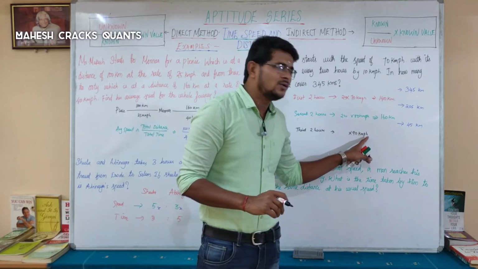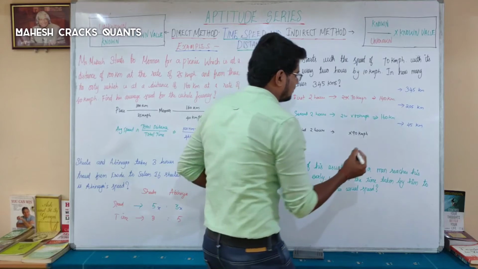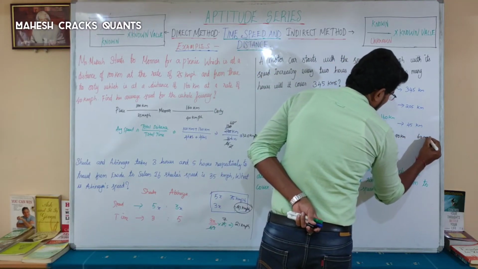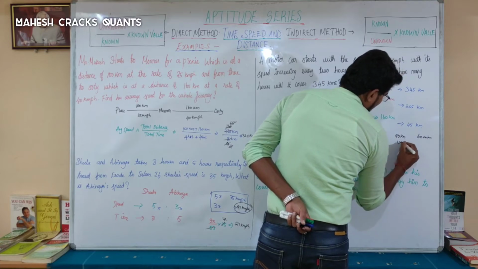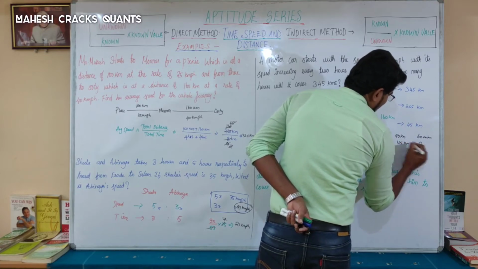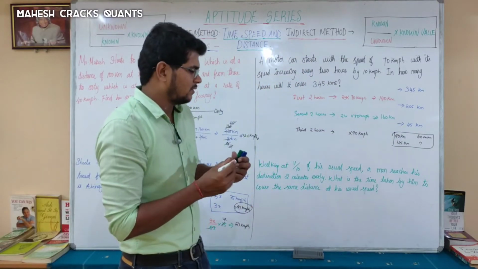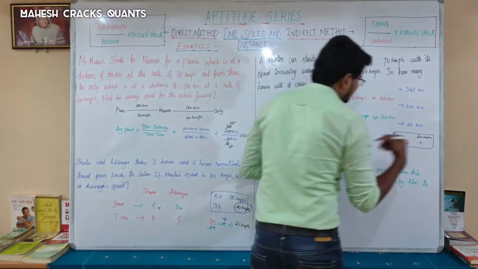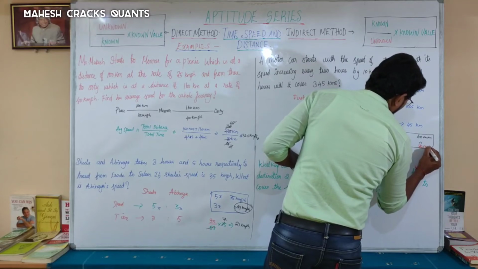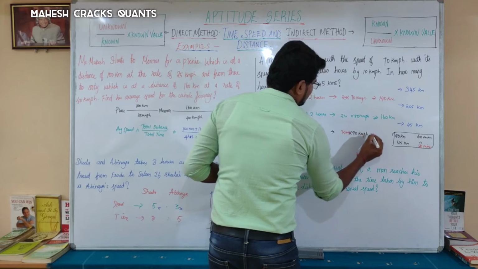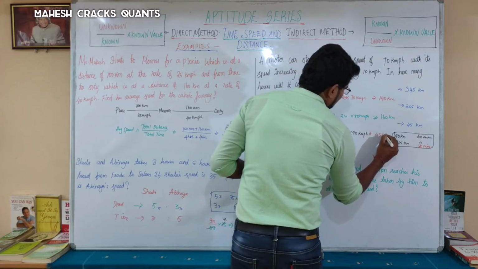So 90 km in 1 hour, which is nothing but 90 km in 60 minutes. 45 km in how many minutes? We know that 90 km in 60 minutes means 45 km, half of the kilometers, in half of the minutes, 30 minutes. So here 30 minutes at 90 km per hour to cover 45 km.